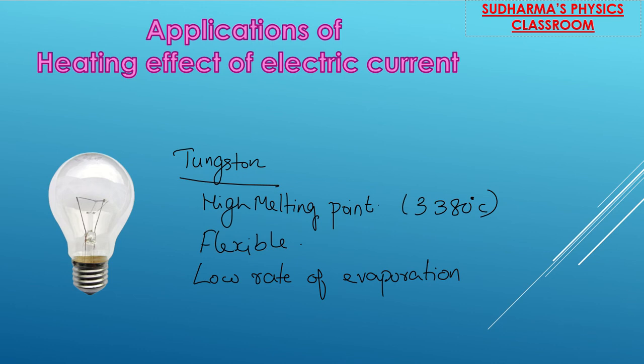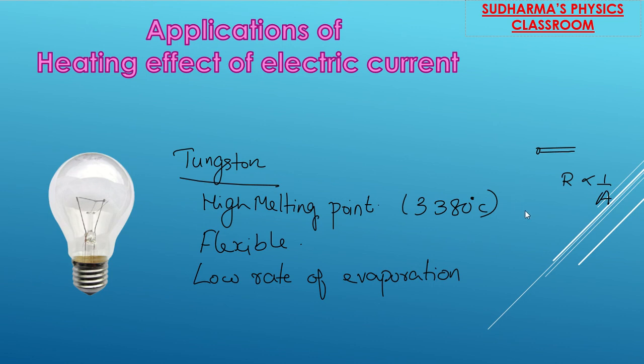Another thing is, compared to other metals, we are making it a very, very thin filament. We know the area of cross section is decreasing. When the area of cross section decreases, the resistance increases, because resistance is inversely proportional to area.